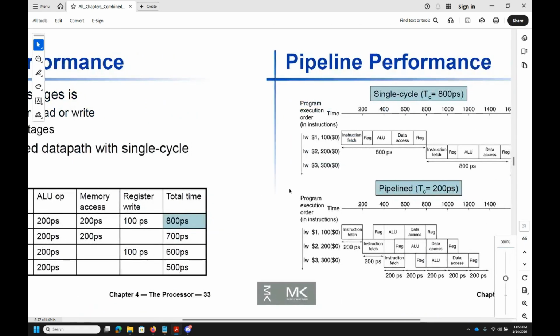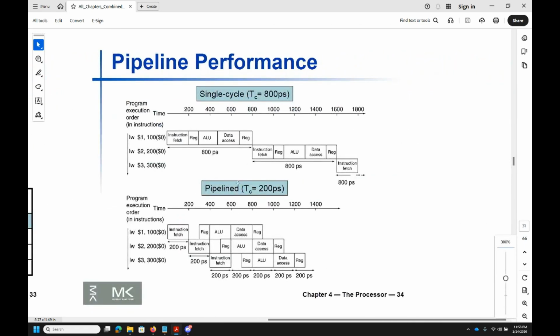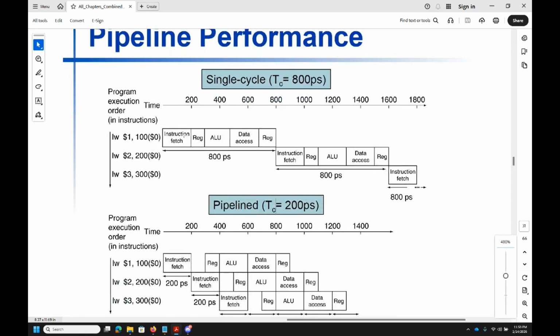Anyway, the way it works here is that ideally in a single cycle, you would have instruction fetch, register read, execute, data access, and write back, one after the other. So this whole thing took 800, then the next one took 800, then the third one took 800. It would take 2400 picoseconds total, right?